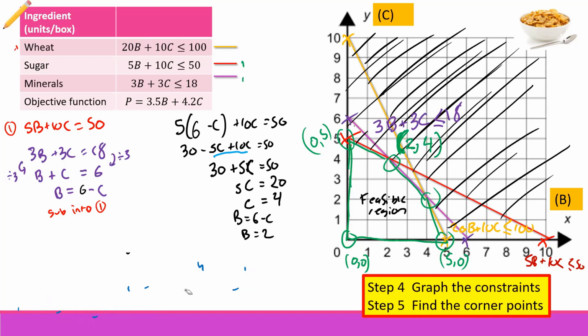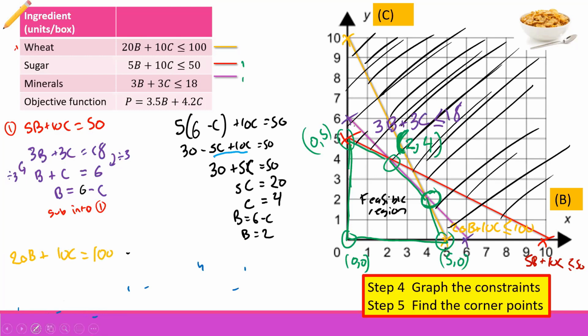We need to find this corner point, which is between the green and the orange. So the purple and the orange is going to be, in this case, for orange, we've got 20B plus 10C equals 100.